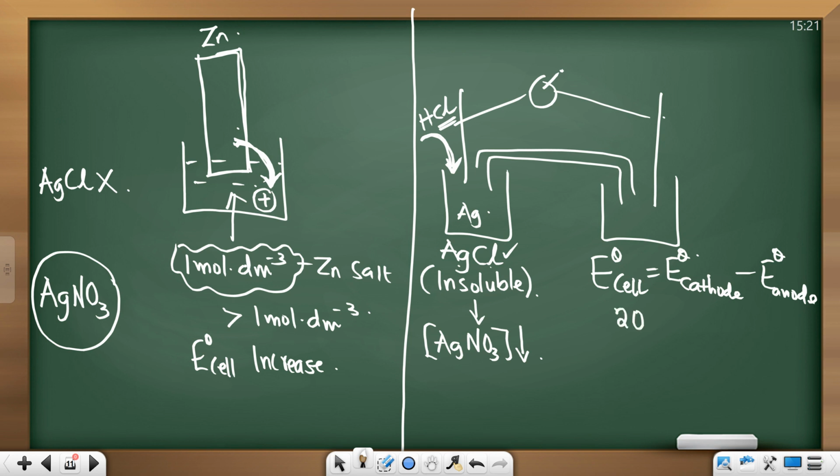If 15 equals 20 minus 5. Please watch this. If I increase the cathode to 25, what will happen to the E cell? Will it increase or decrease? I want you to learn to use numbers to find your way. Good. It will increase. Thank you so much.